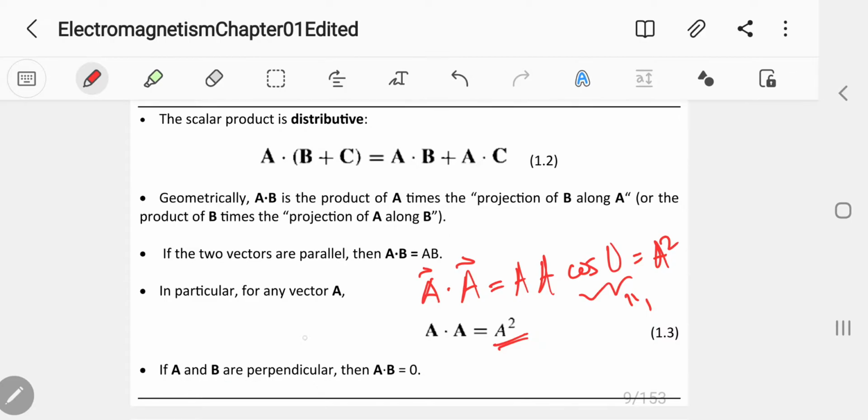If A and B are perpendicular, that means theta is equal to 90 and cosine 90 is equal to 0. So everything will be 0. The dot product of two perpendicular vectors is 0.